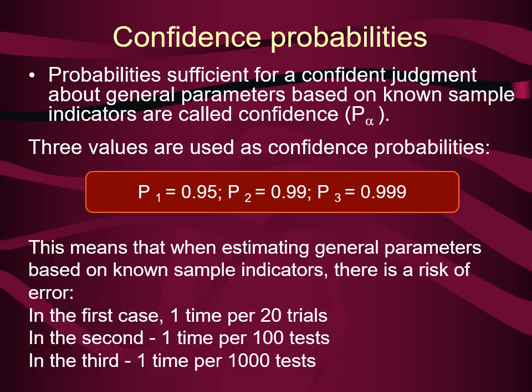So I'll go back to the previous slide again because a new term appears. According to the sample data, yes, we make an interval estimate and a given confidence probability. This confidence probability means that there is an additional condition, an additional requirement, that needs to be taken into account when calculating in the interval estimation.